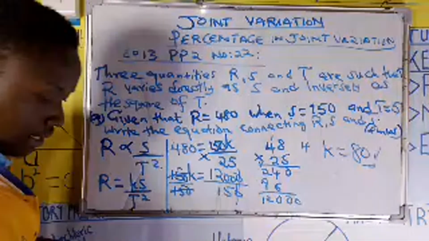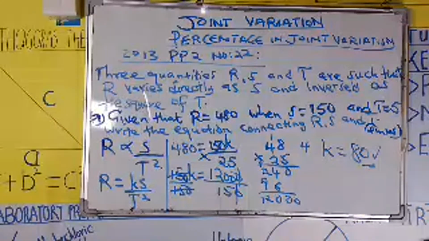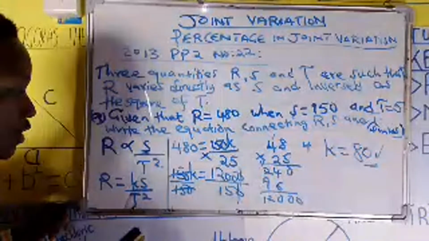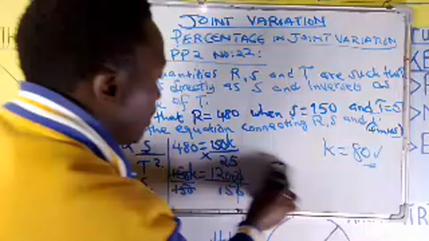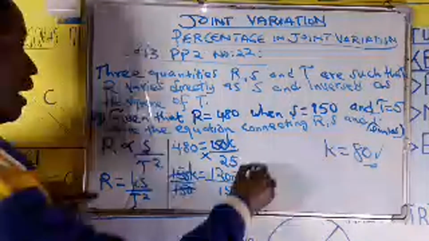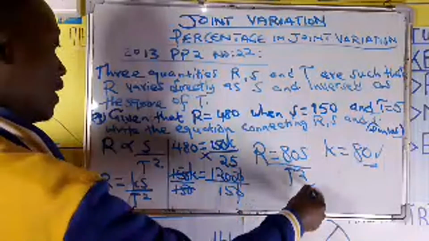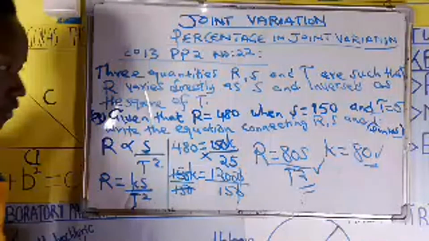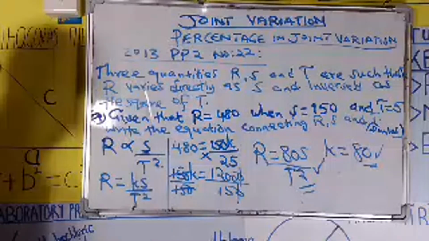So once we get 80, the equation connecting is going to be R is equal to 80S over T squared. So that is how we solve the first question.